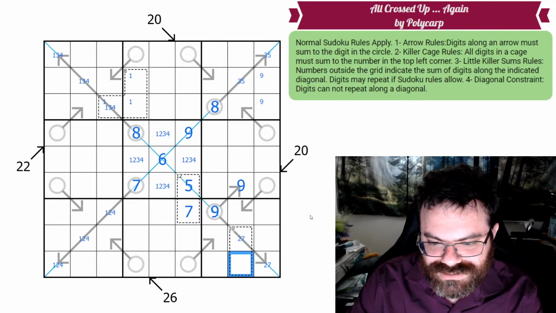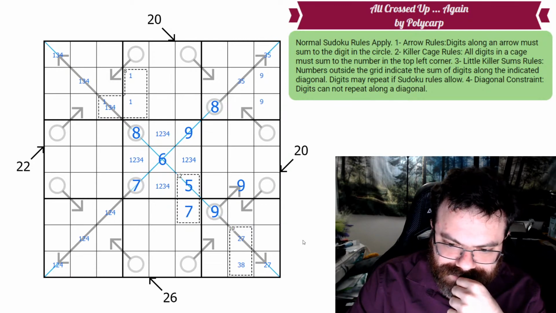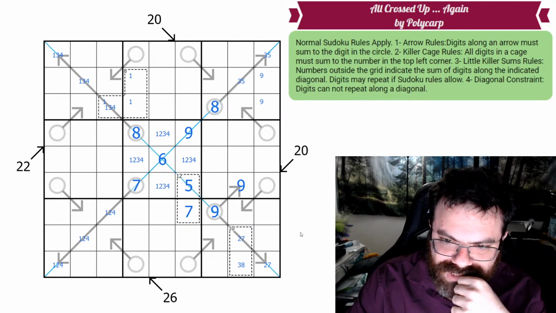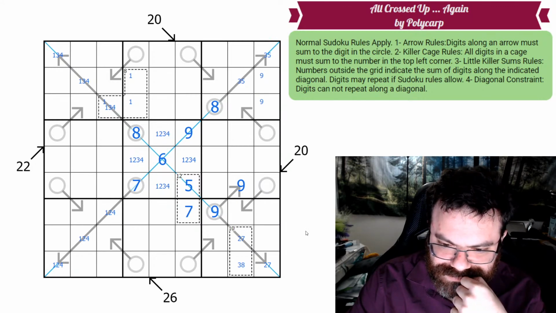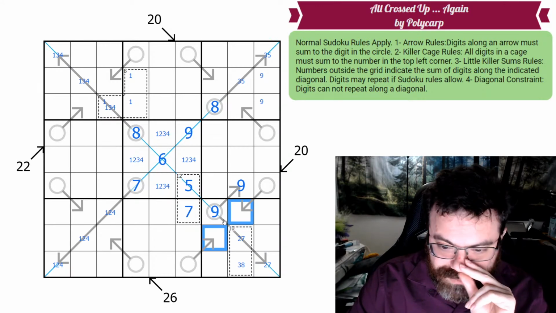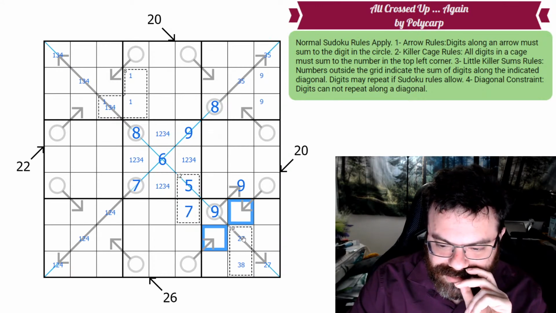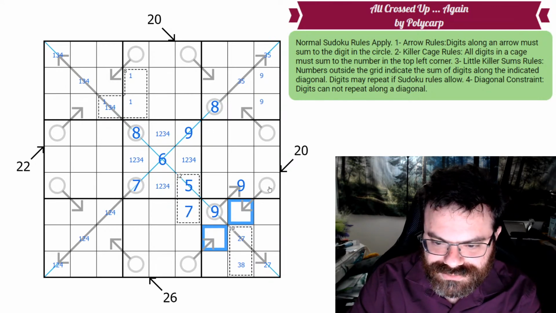So this is either 3 or 8. Can I do anything about these diagonals yet? So these two add to 10. They can't be 1, 9. They can't be 2, 8. They can't be 3, 7. So these are 4, 6.